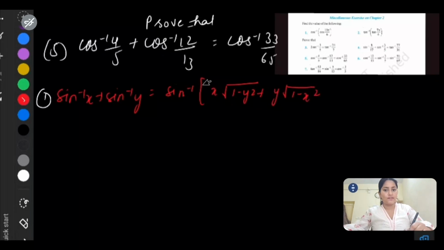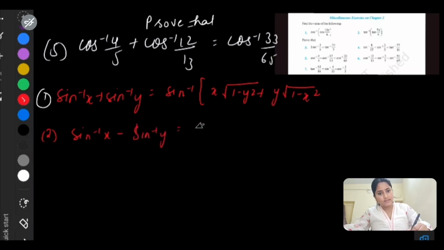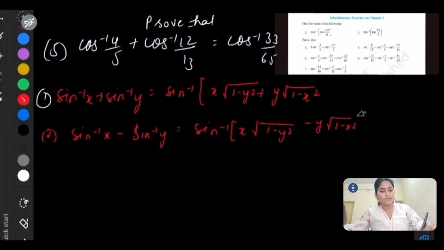We can directly solve this. The second important formula is sine inverse of x minus sine inverse of y, which will be equal to sine inverse of x under root of 1 minus y square minus y under root of 1 minus x square. So this is the formula.